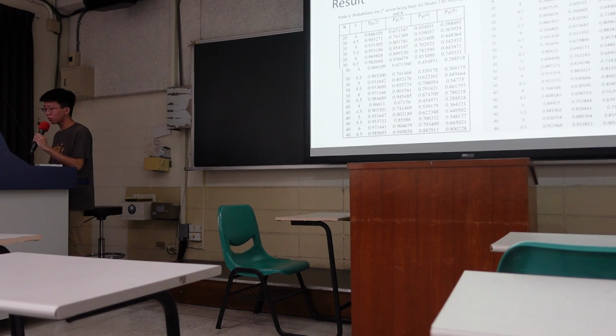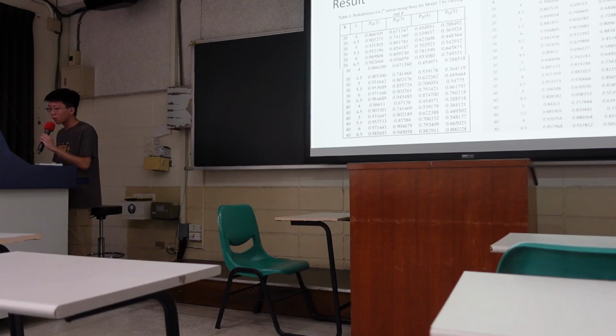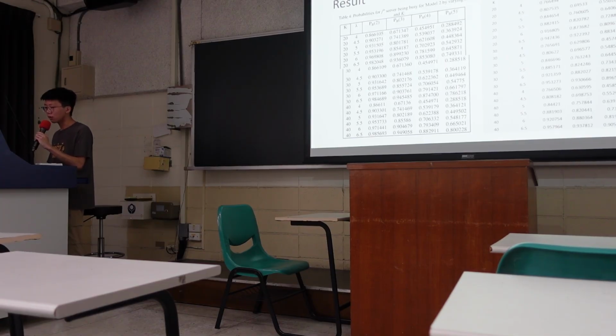These two figures show the results under Model 2, and we can observe a similar pattern to Model 1. As the arrival rate lambda increases, the utilization of each VM also increases. Compared to Model 1, the utilization values in Model 2 are generally lower.